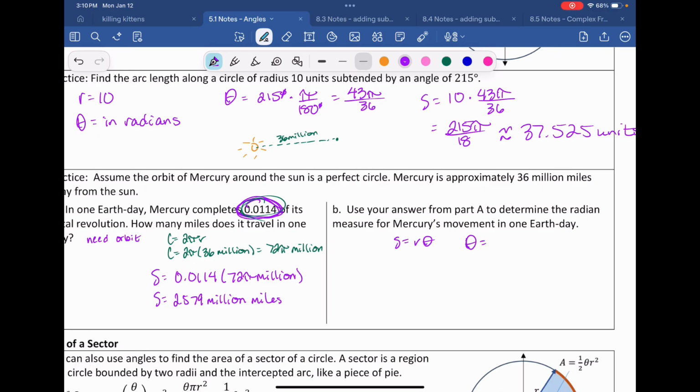So theta equals arc length divided by radius. Okay, so we can cancel the millions and just do my regular calculator, 2.579 divided by 36.